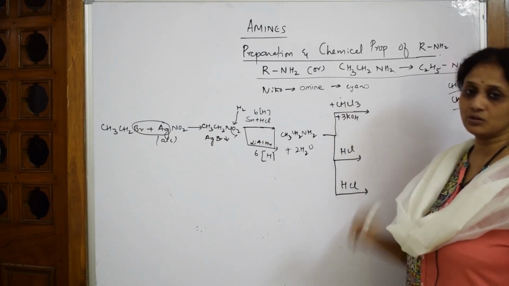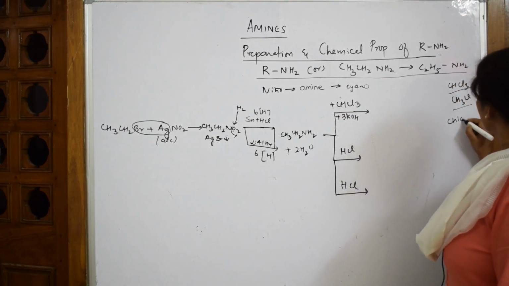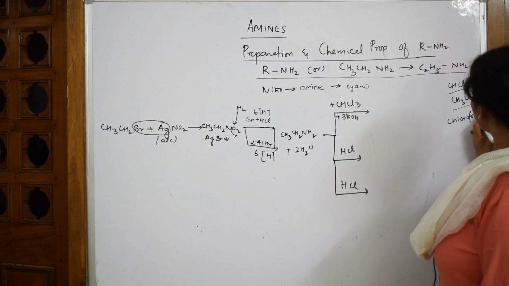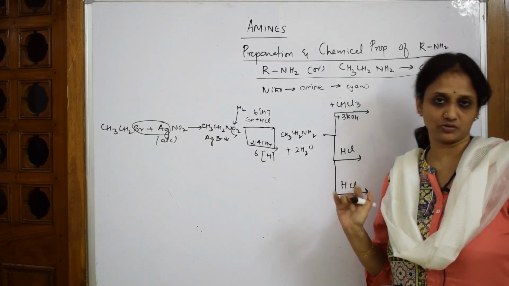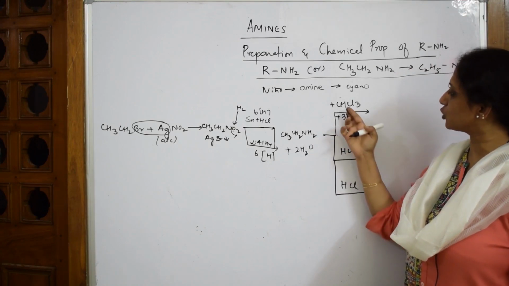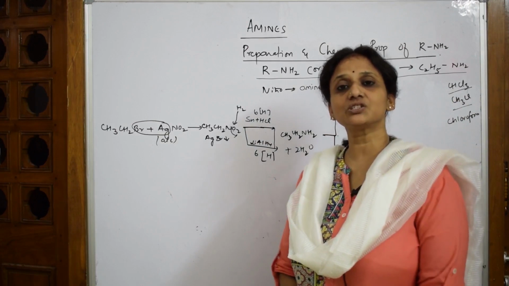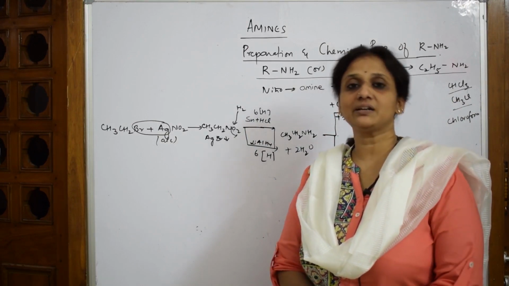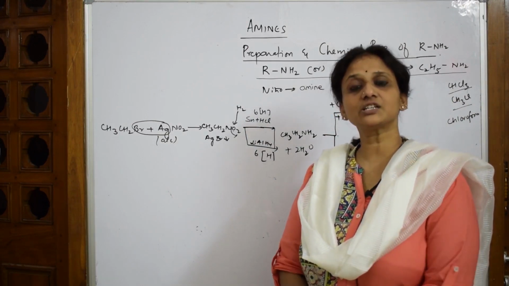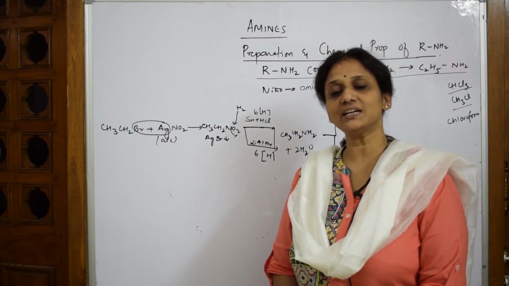Now what is this compound? Chloroform, CHCl3. If you treat amines with chloroform in the presence of a strong base, potassium hydroxide, that particular reaction is called the carbylamine reaction. Remember that. It can also be called Hoffmann's isocyanide test or isocyanide reaction.